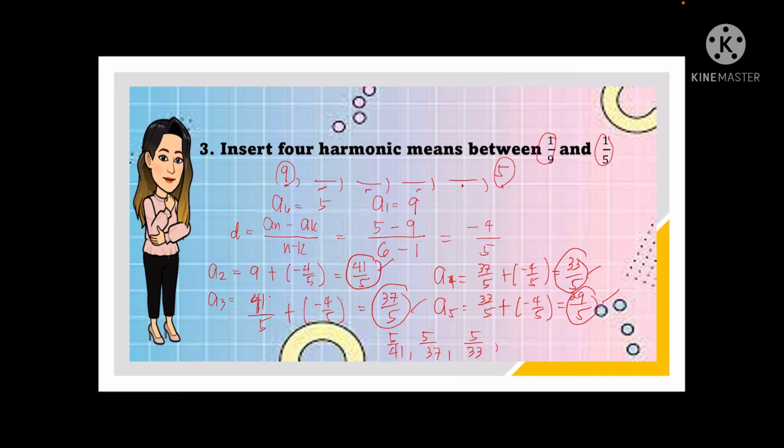And then 29 over 5, the reciprocal of that is 5 over 29. Therefore, the 4 harmonic means between 1 over 9 and 1 over 5 are 5 over 41, 5 over 37, 5 over 33, and 5 over 29. Okay? So, that's harmonic means.